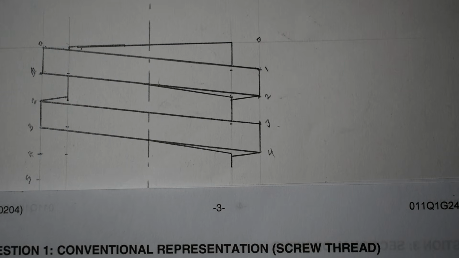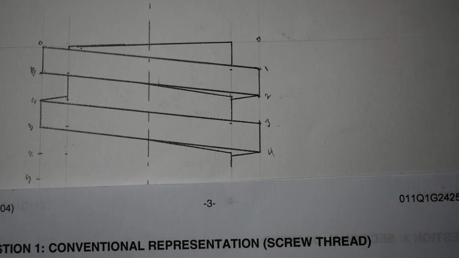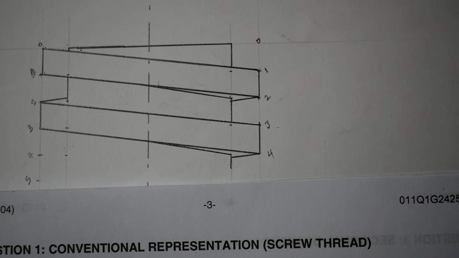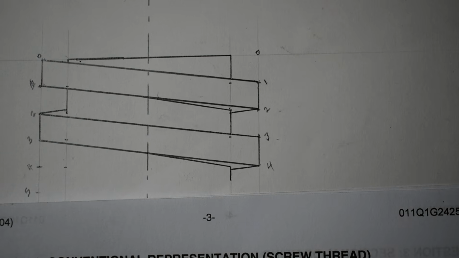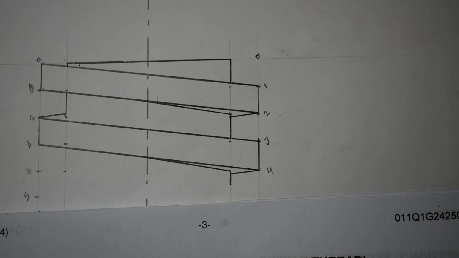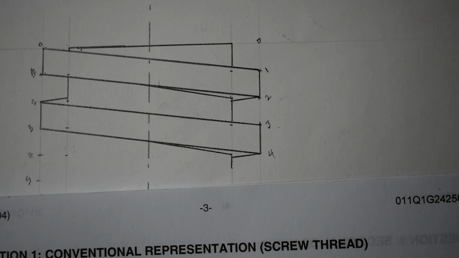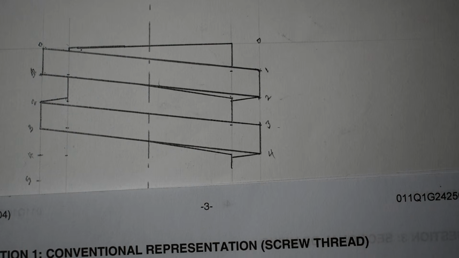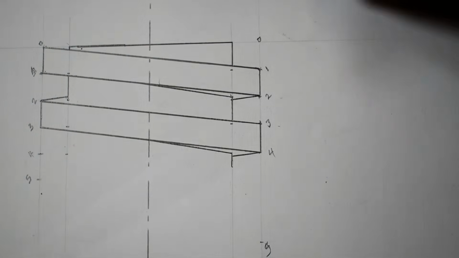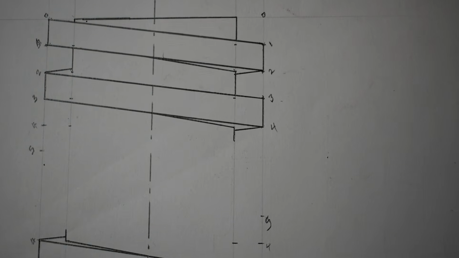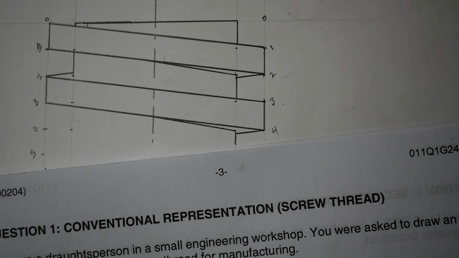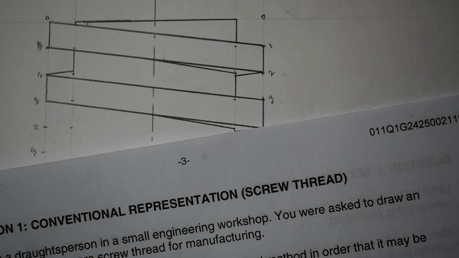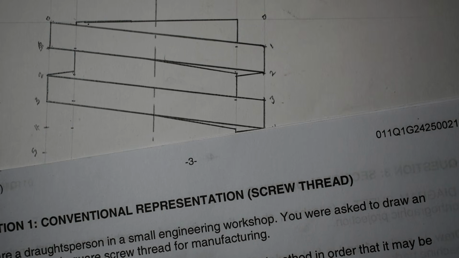They said the drawing must be done according to the conventional method. So if you have your drafting textbook, go to screw thread, you will understand what they are actually saying when they say conventional. This shaft was too long, you understand. So they had to do this thread, that is why they said the method, in order for it to be done speedily.